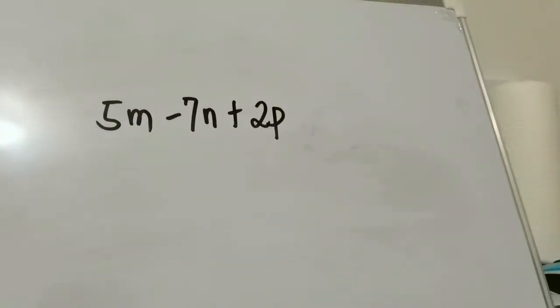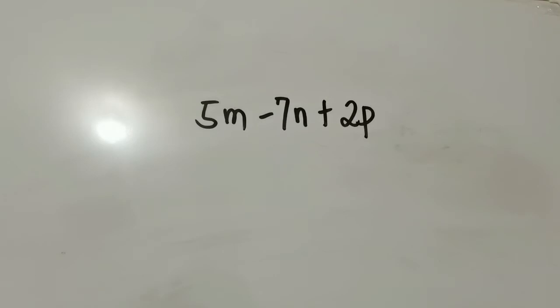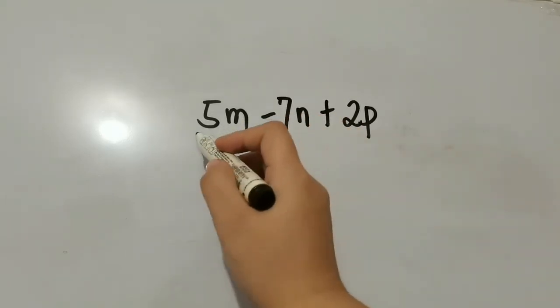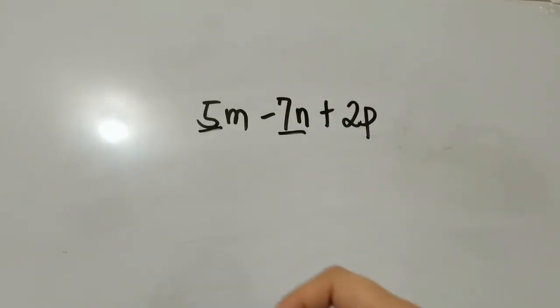Okay, let us now proceed with this one: 5m minus 7n plus 2p. Do they have literal coefficient and numerical coefficient? Let us examine. We have 5, negative 7, and 2. Do they have a GCF? None.